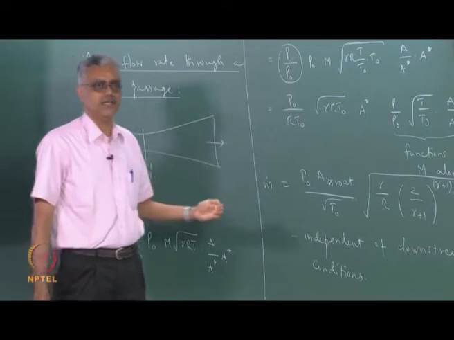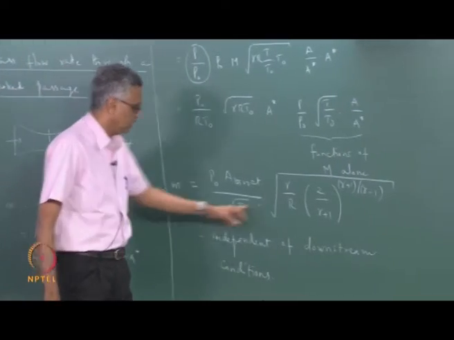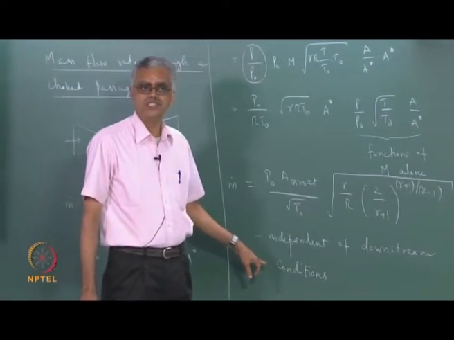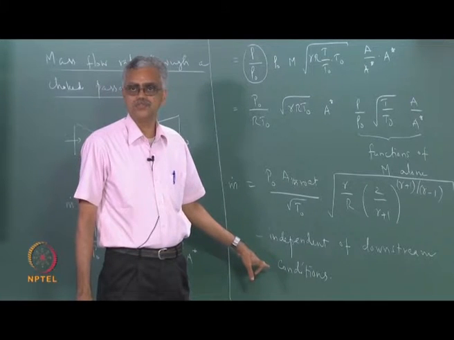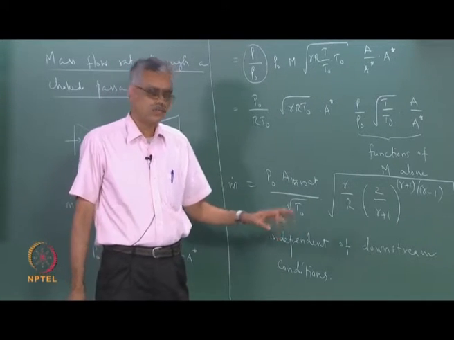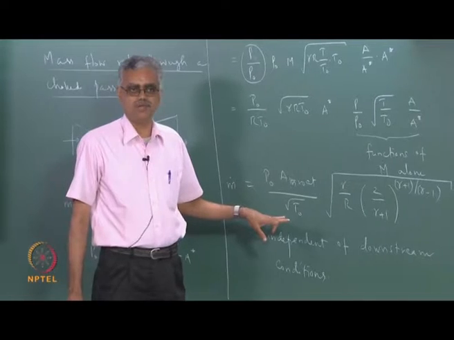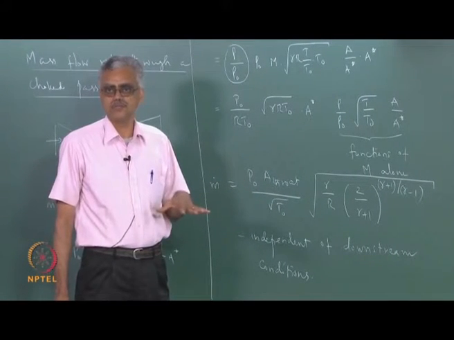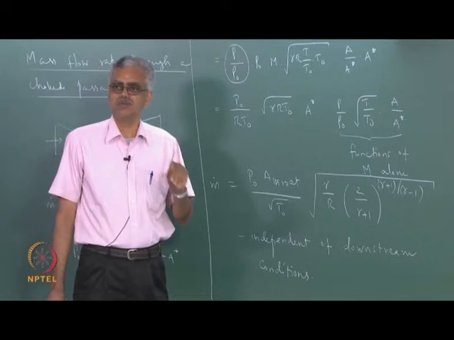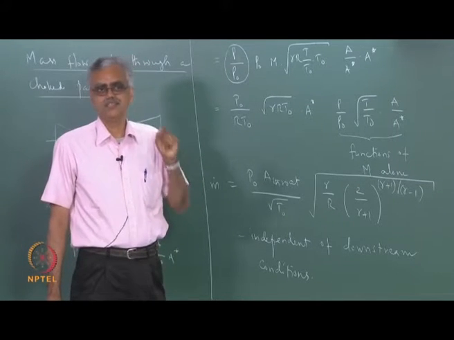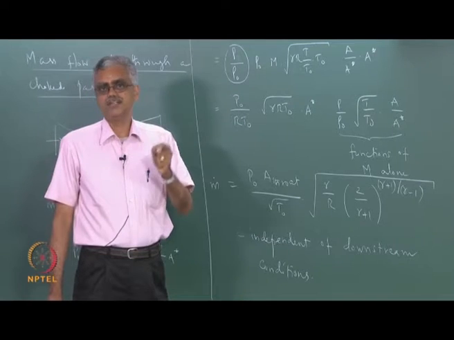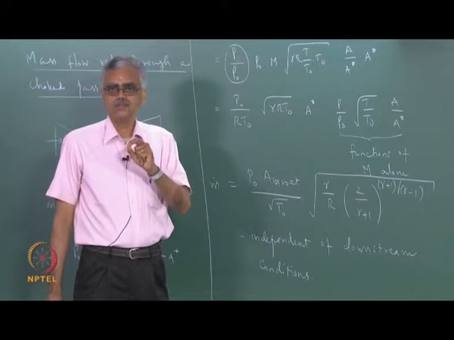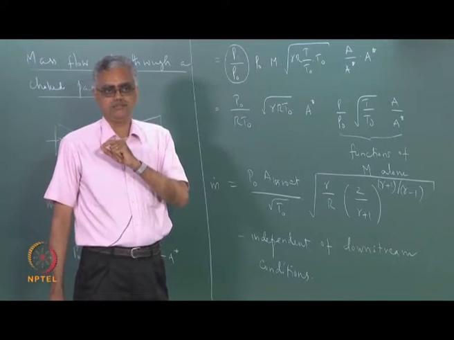But once I attain the sonic state at the throat, I can no longer control the flow by changing conditions downstream. That is what this says. In other words, this is not the maximum mass flow rate. This is the maximum mass flow rate that can be achieved by controlling downstream.